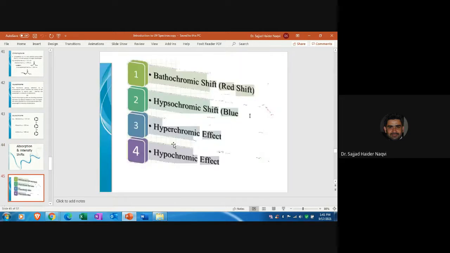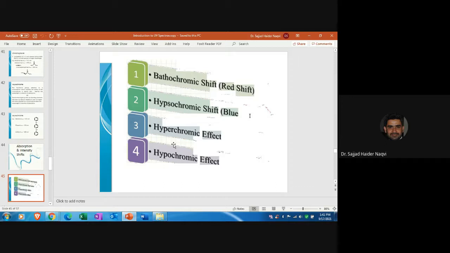There are four effects in this regard that we're going to discuss, and we'll discuss them one by one. The first one is called the bathochromic shift, which is also referred to as the red shift. The next one is the hypsochromic shift, which is called the blue shift. The third one is called the hyperchromic effect, and the fourth one is called the hypochromic effect.